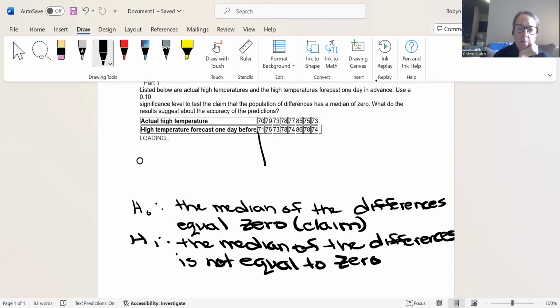So I'm going to extend this table. It's not going to be perfect. Okay, hang on 1 second. I want to extend the table so that I can put the differences below. Basically I'm taking the actual temperature minus the high temperature forecast 1 day before.